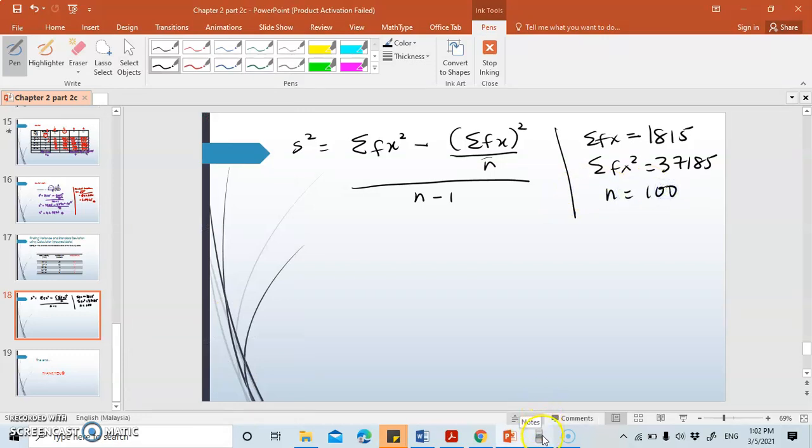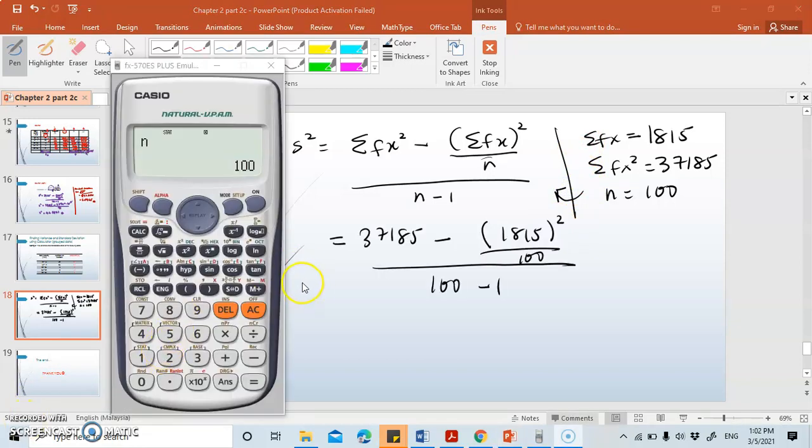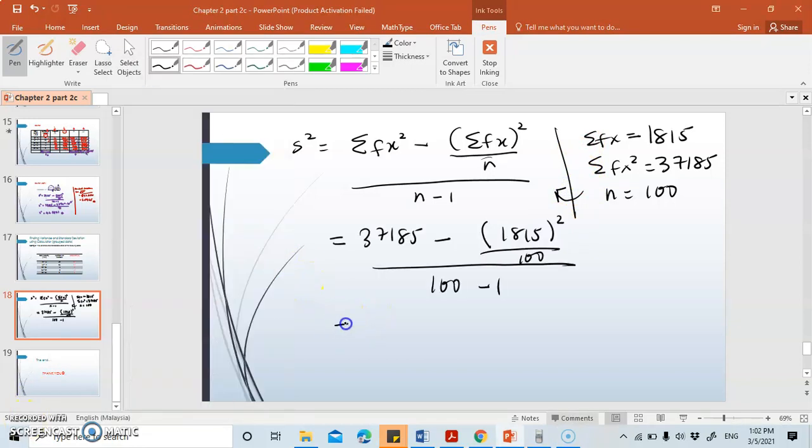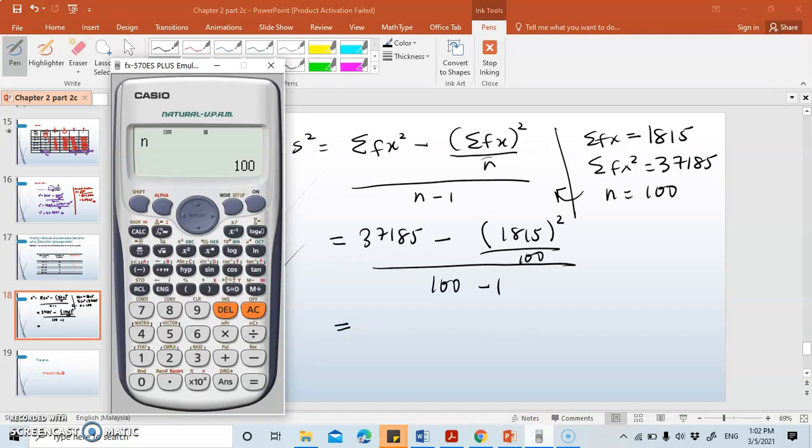Next step is to plug these three values into the formula. You will get something like this. Next, you can retrieve the value of standard deviation from this calculator. Shift, number 1, number 4. Option number 4 is for standard deviation.